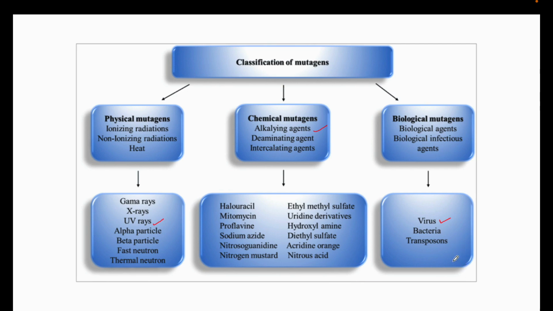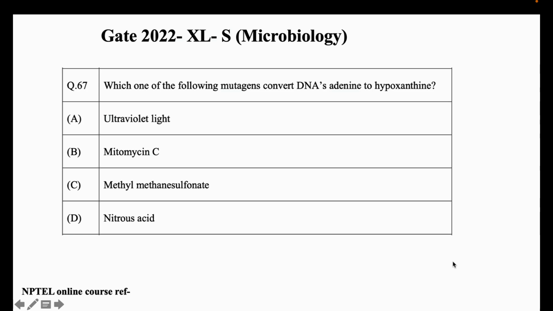So in the question, in the options we have ultraviolet, mitomycin C, methane sulfonate, and nitrous acid. From the question we know that ultraviolet is an example of a physical mutagen, and these three are examples of chemical mutagens.